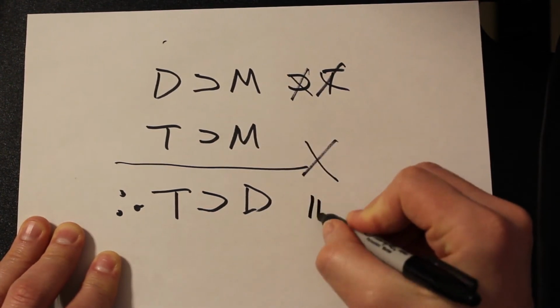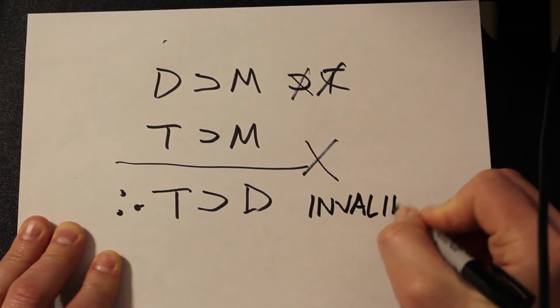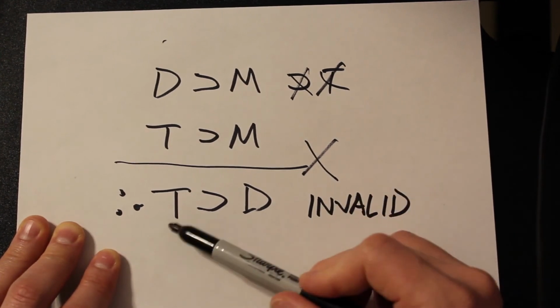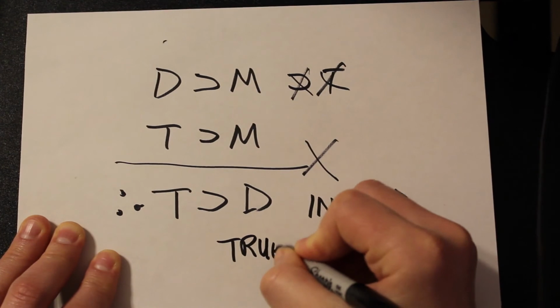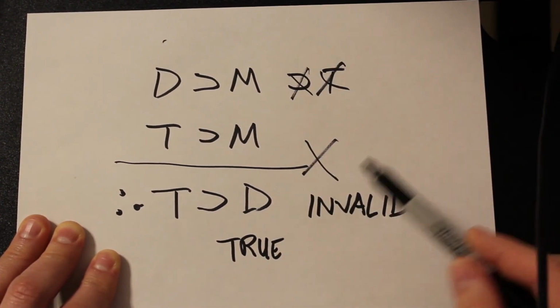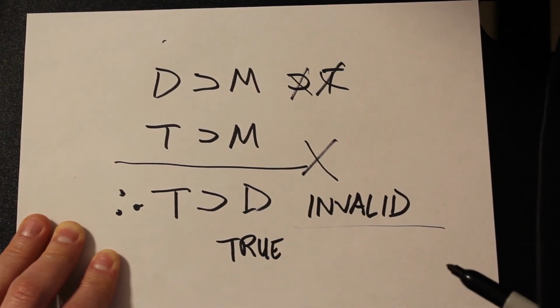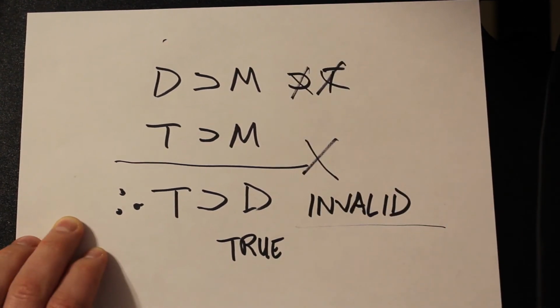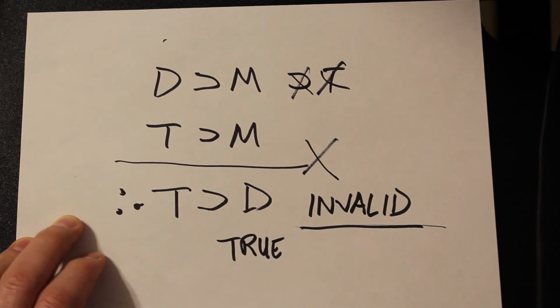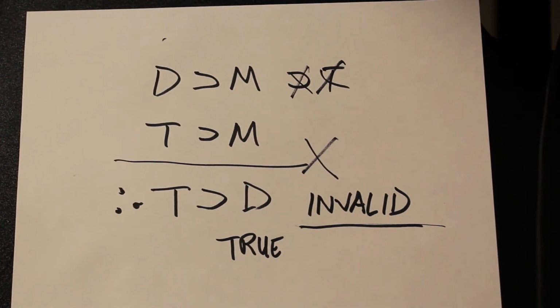So this is invalid. It might be true. So for example, are terriers dogs? Well, yes. So it is true, but this is not a sound argument because it's invalid. The structure is broken. It doesn't actually connect. So it's invalid because the structure doesn't work.